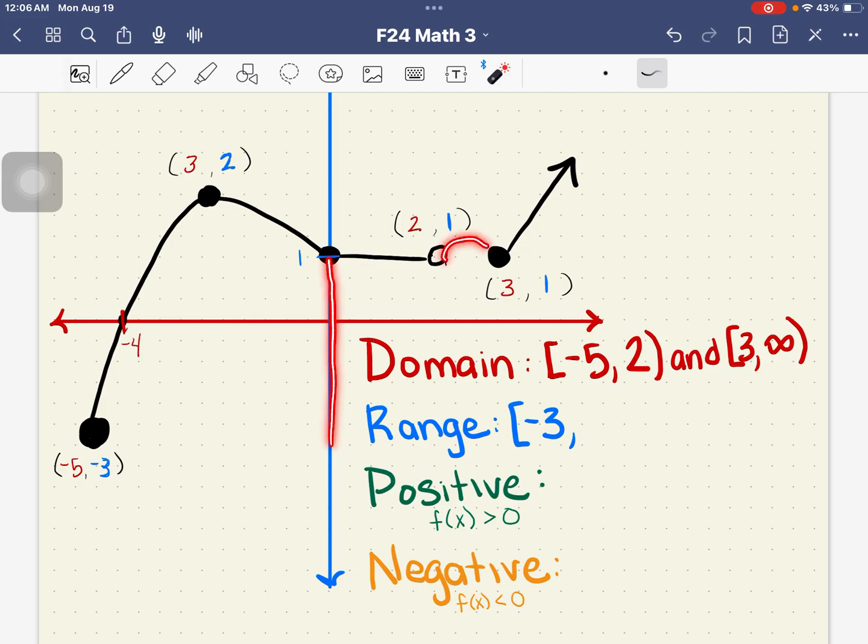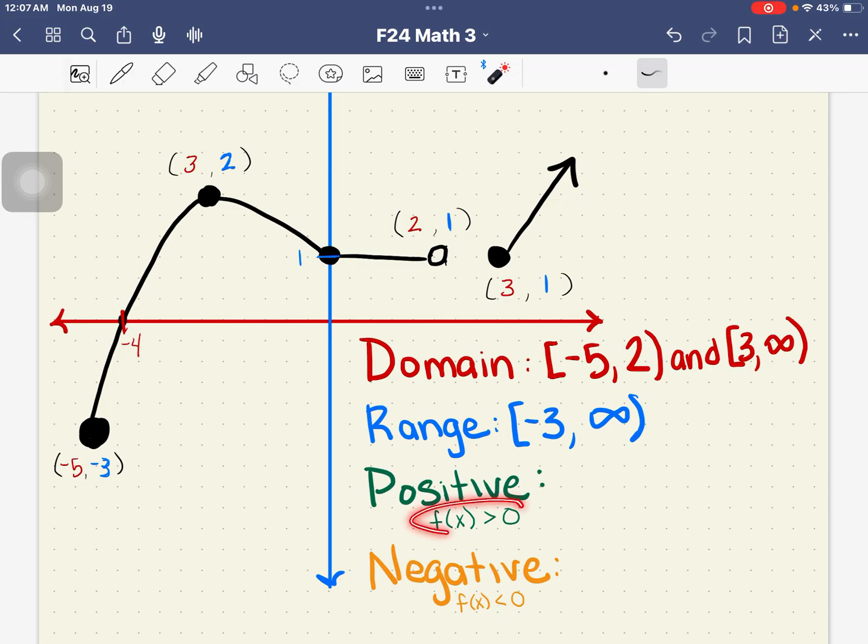Although this break happens here, there is still that point here. Remember, we're focusing on the y value. There's stuff going on all through here, and it actually keeps going because we've got this arrow right there. So our range starts at -3, but will not have an end going up, so it's going to keep going.